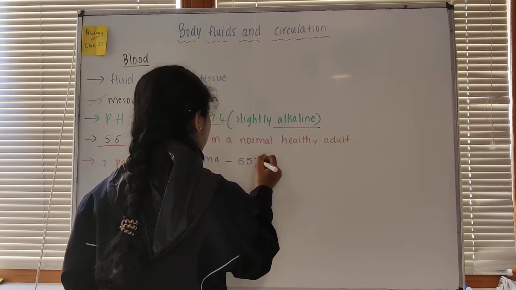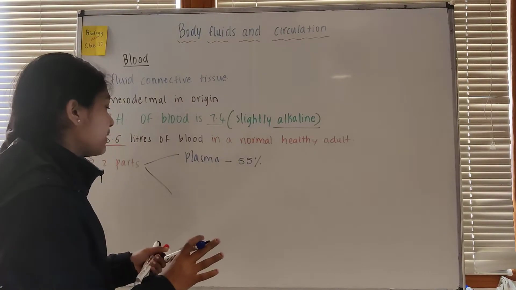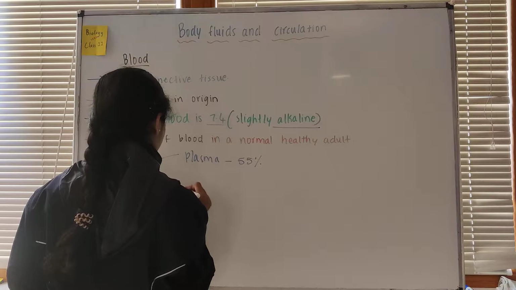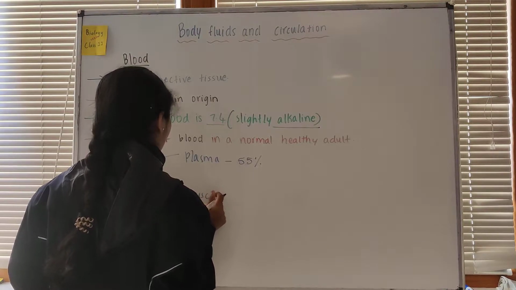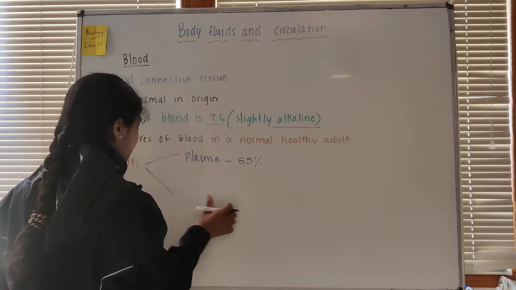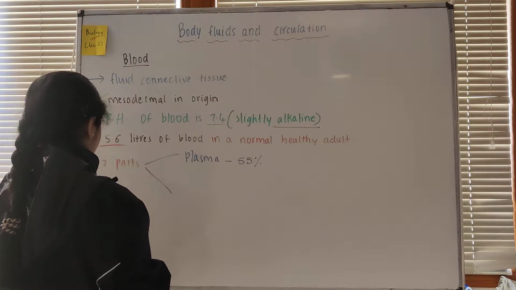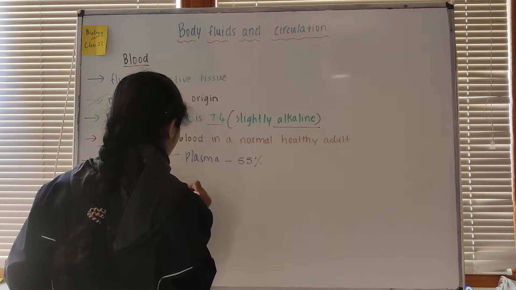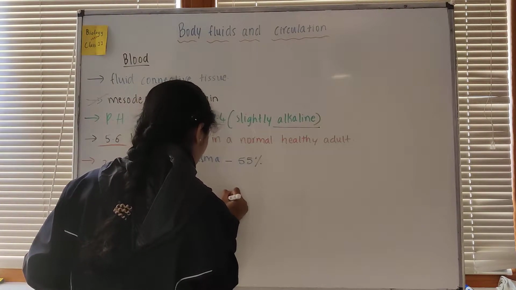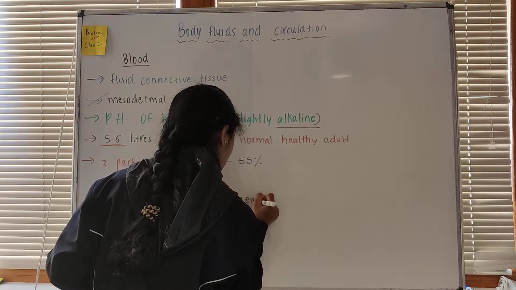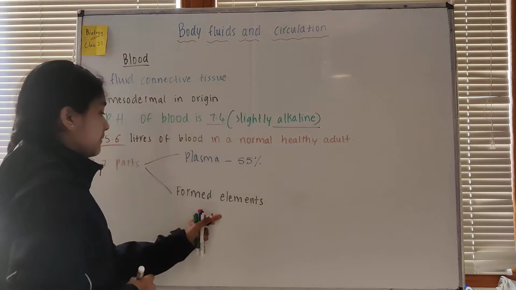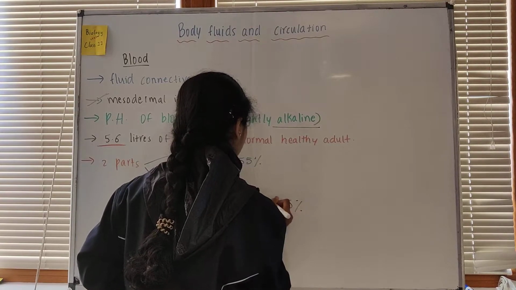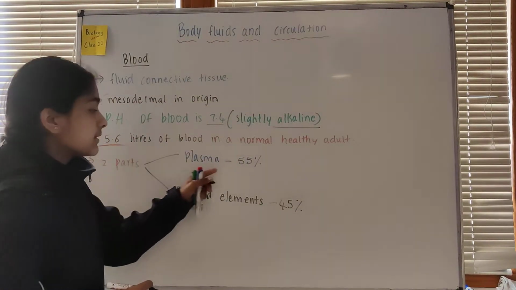So 55% of blood consists of plasma, and then we have corpuscles, or we can write formed elements. So formed elements make up 45% of blood. So 55 plus 45 is 100.